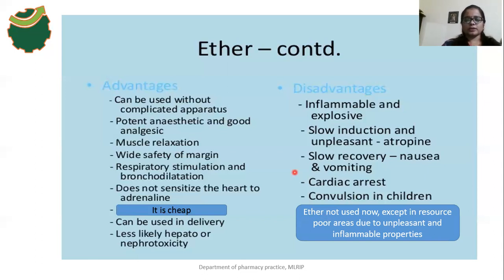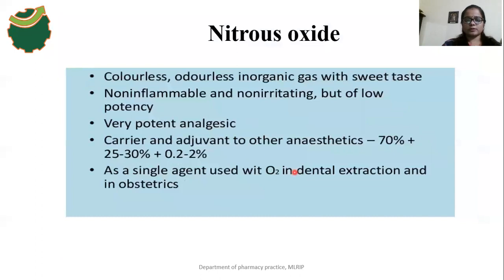The next one is nitrous oxide. It is a colorless, odorless inorganic gas with a sweet taste. It is non-inflammable and non-irritating, but has low potency, and it is a very potent analgesic drug.